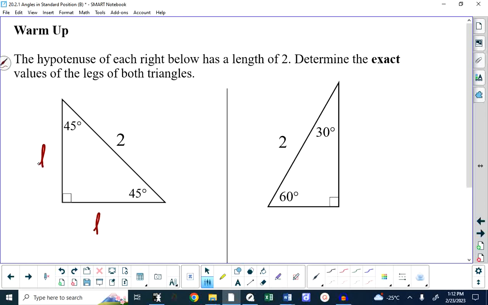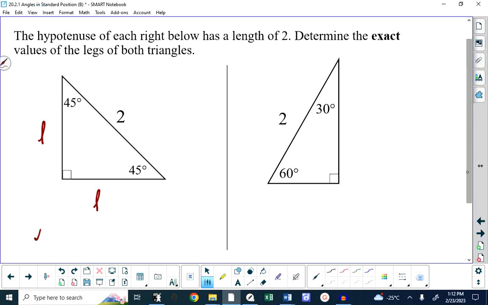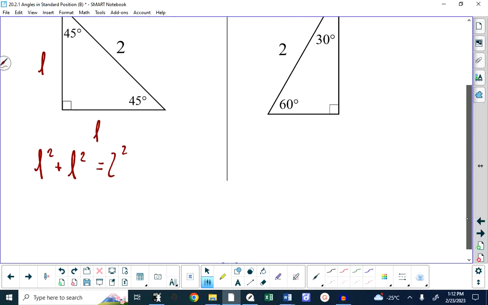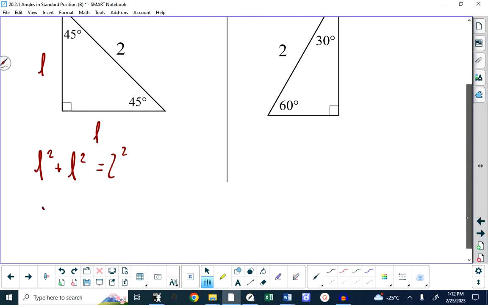I want to avoid X and Y. Let's just call each of them L. I can write out a Pythagorean statement based on that, which would be L squared plus L squared equals 2 squared. L squared plus L squared is 2L squared. And 2 squared is 4.